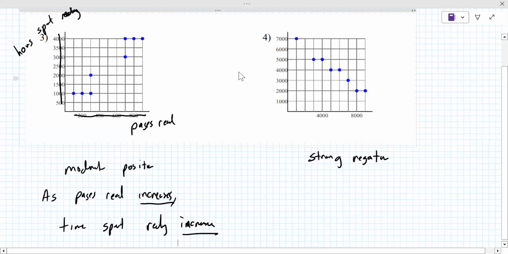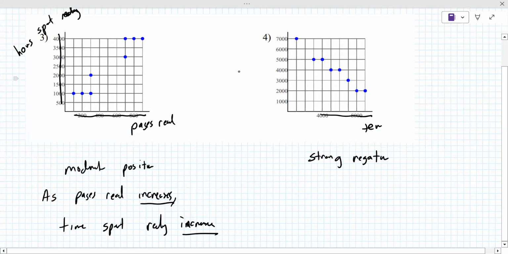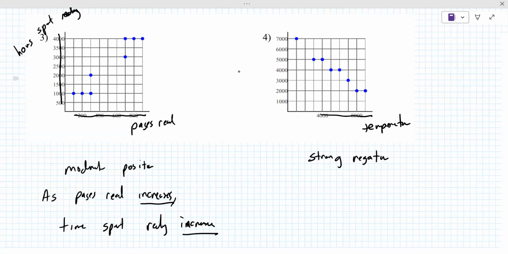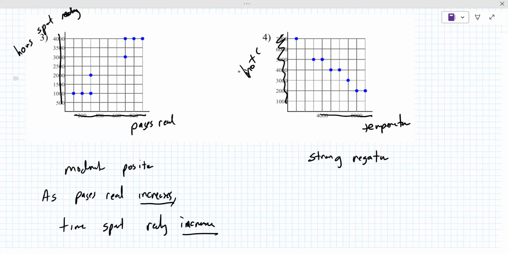Okay, so let's look at the one on the right here. Let's go temperature, and then we'll do the boring one that they always use. Let's go ice cream sales. Oh, sorry, that's not correct. Hot chocolate sales. We actually had a problem that did that.